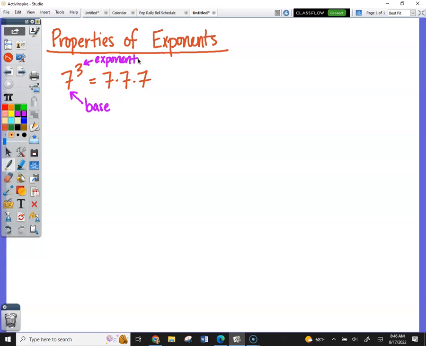Now, here is the very technical college level definition. Ready? We'll write it in 2 ways.